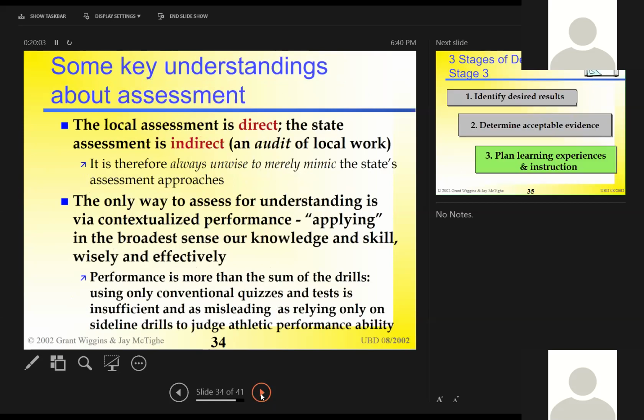Local assessment is direct, state is indirect. So don't just mimic what the state does. It goes back to what we just talked about: multiple ways to assess.